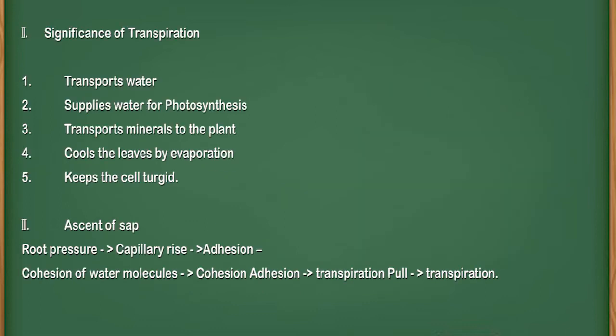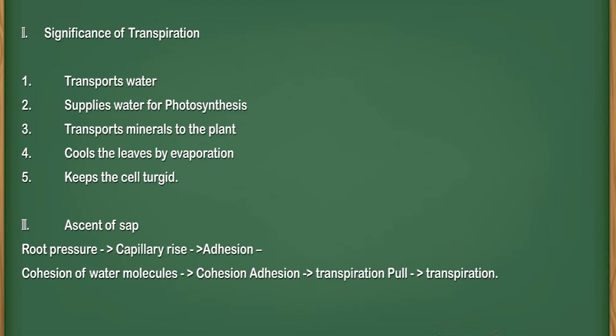Then significance of transportation. It transports water. Okay, then that water is used for photosynthesis. Then again it transports minerals to the plant. Then because of that the water will go and evaporate. Evaporation causes cooling. That's why it cools the leaves by evaporation.